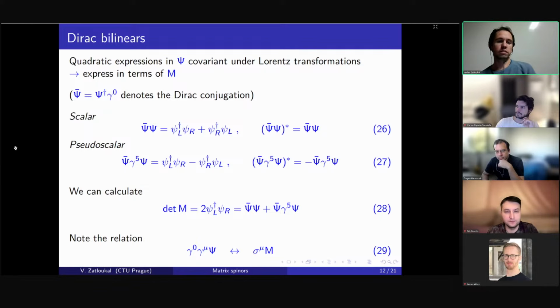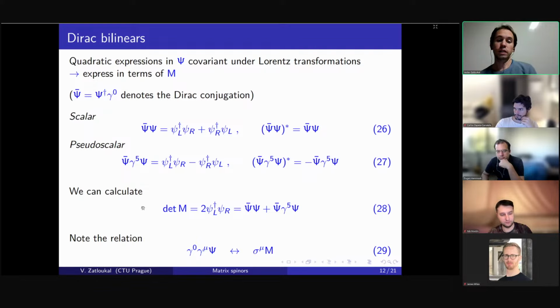And now, there are several of these quadratic expressions. So for instance, the scalar, we just write it out in terms of the left and right hand components, we get this. It's a real quantity. The pseudoscalar is a purely imaginary quantity.